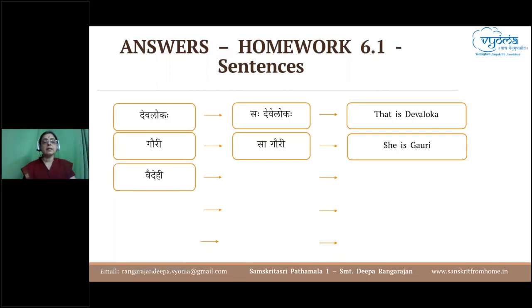Then, can you read this? Vaidehi. Yes. Vaidehi. It's another name for Sita, but Vaidehi is a name in general. She is Vaidehi.